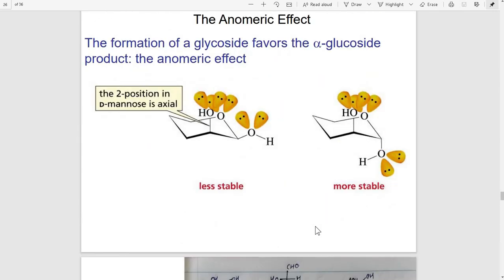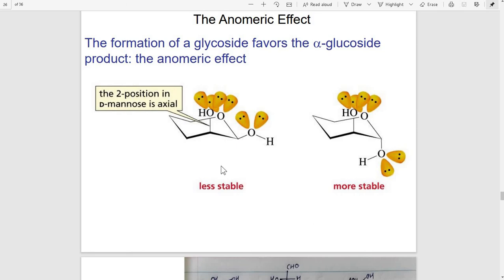Now, the anomeric effect. The formation of a glucoside favors the alpha glucoside product because of the anomeric effect. In the previous slide, we saw that the beta D glucose compound is stable at equilibrium. But with the anomeric effect, the alpha compound is more stable as compared to the beta compound.